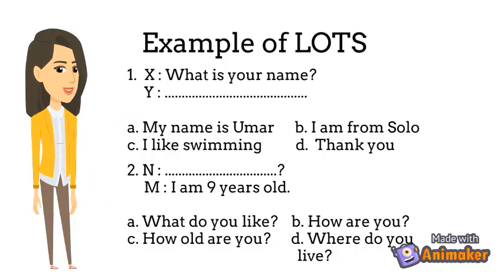In number 2, we are supposed to find the suitable question for the answer I am 9 years old, and that suitable question is in C, how old are you? With this kind of question, we already know the pattern. If we are asking what is your name, we already know what we are supposed to answer. So it doesn't need a higher order thinking skill. It's a kind of easy question.